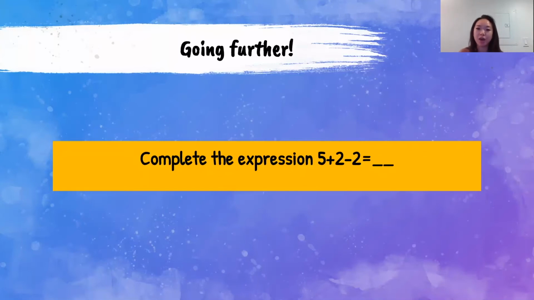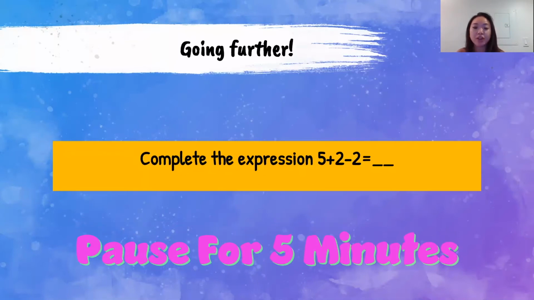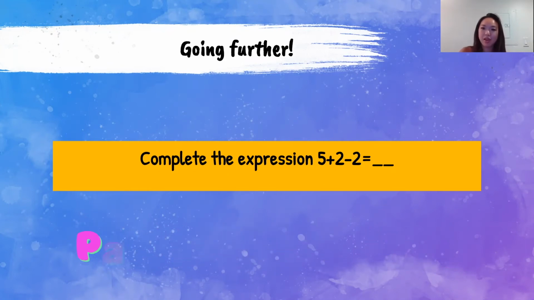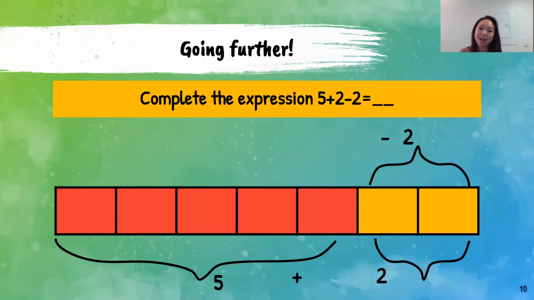I will give you about 5 minutes to pause here and figure that out, and then I'll come back with the answer. All right, I hope that was enough time. This one's a little bit more confusing since it's a 3-step problem, but after you see what I have here, and then I'll move on to the explanation, it'll make a little bit more sense.